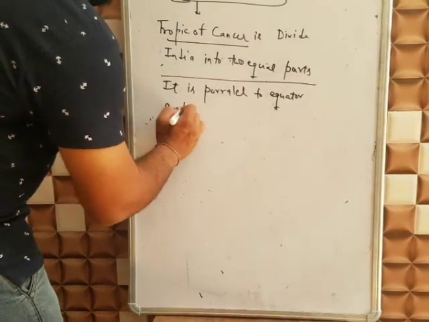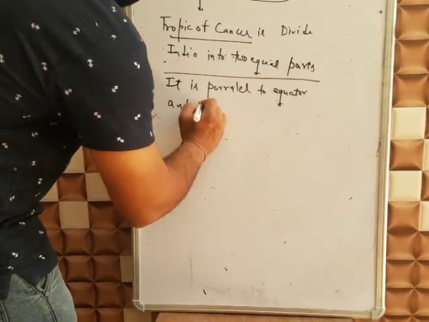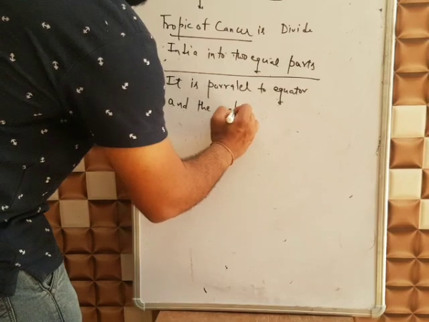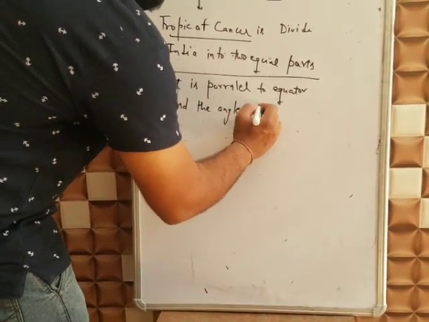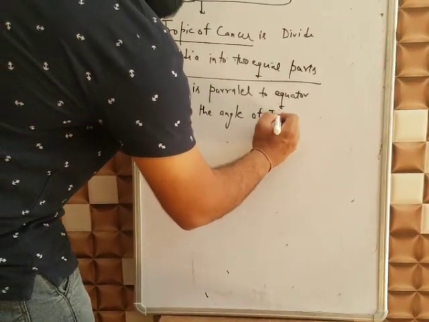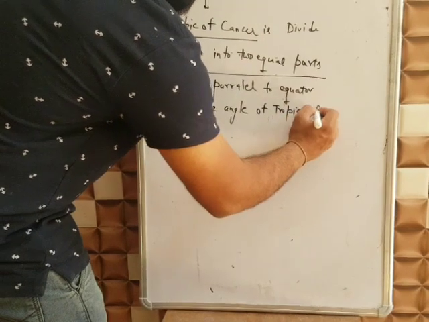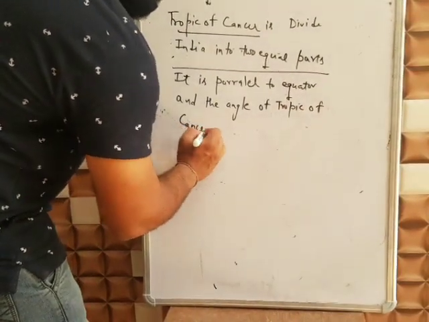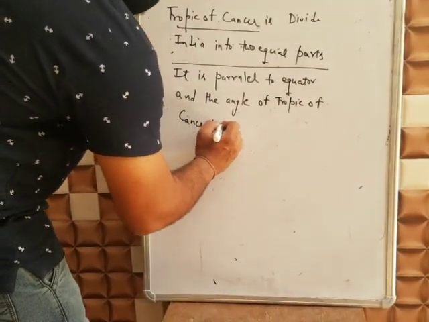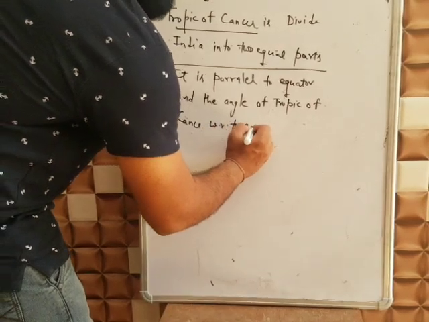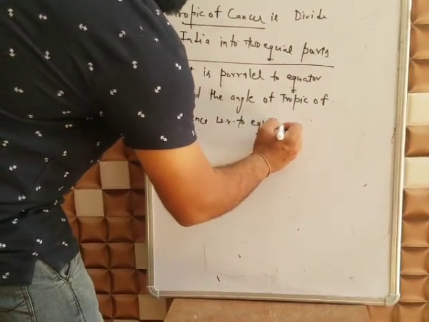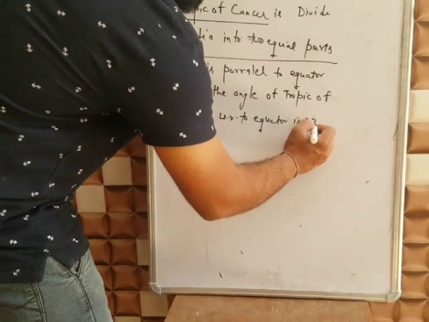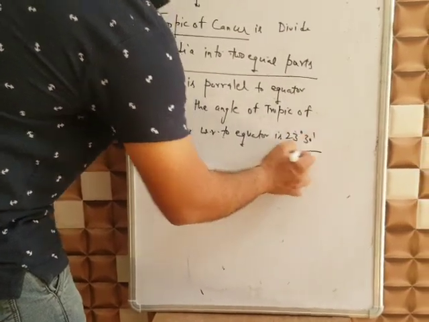and the angle of the Tropic of Cancer with respect to the equator is 23 degree 30 minutes.